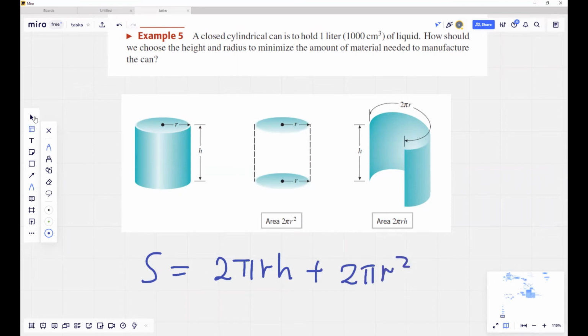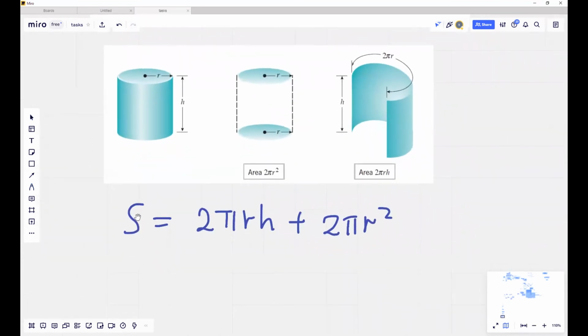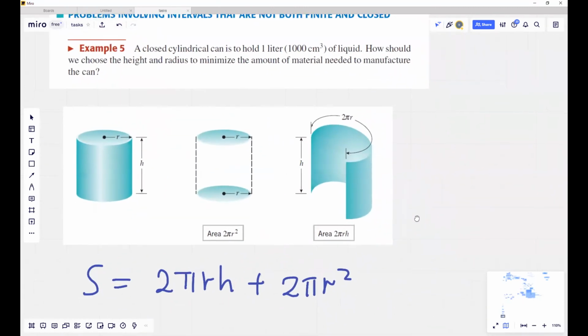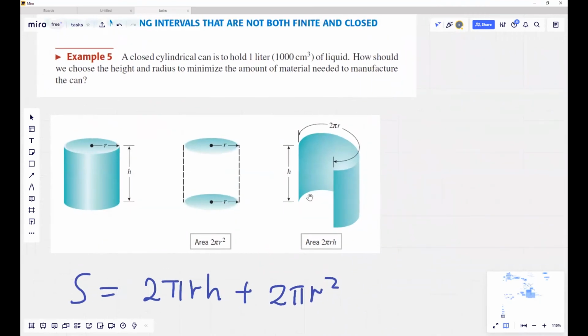Okay, so we have a function, but right now we cannot proceed since this is a function of two variables. So we need to use our constraints to make this a function of one variable. We know that the cylindrical can is to hold 1 liter of liquid, meaning that its volume should be equal to 1000.